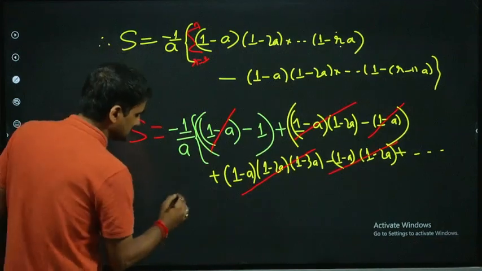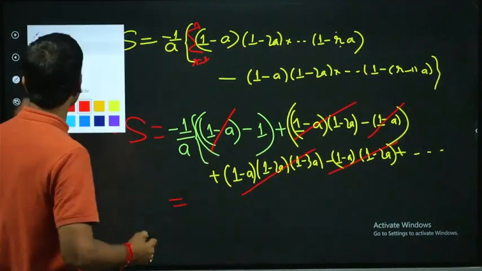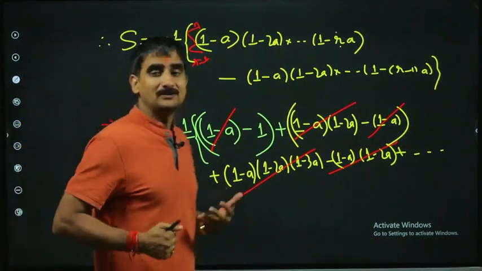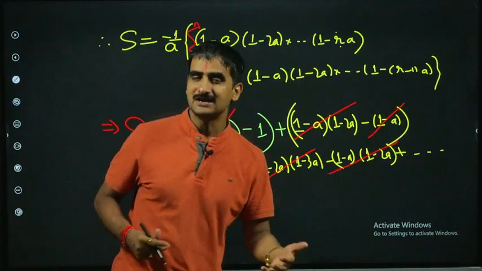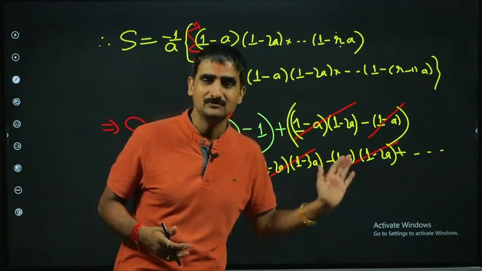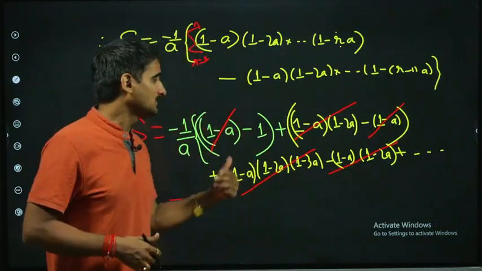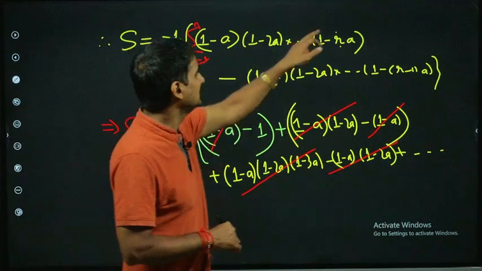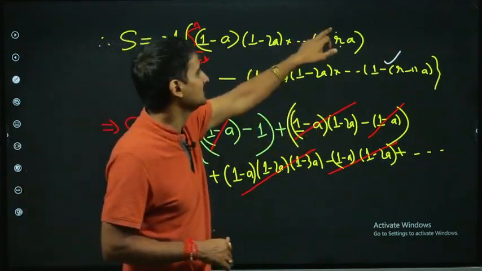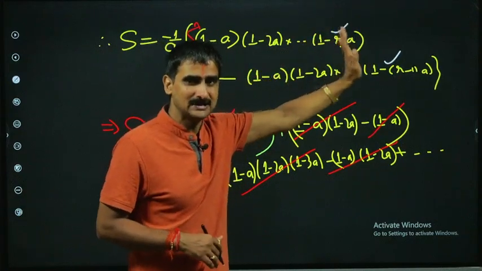And as we know in such type of question, the pattern says if we are left with one term in the beginning, we'll be left with exactly one term at the last, and if it is with a negative sign, the last term will be with a positive sign. If we got it by putting R equal to 1 here, in this term you will get the last term, which is positive, by putting R equal to the largest value n here.